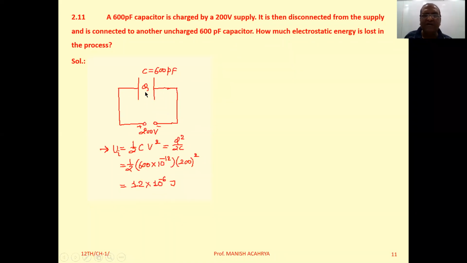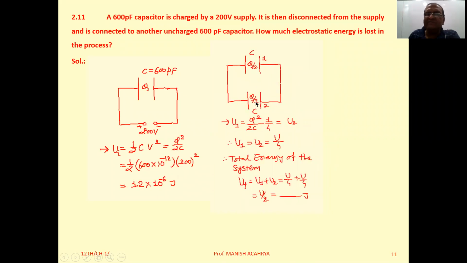Now here suppose the charge deposited on the capacitor is considered Q. Now this one is disconnected from the battery and connected with identical another capacitor, which is initially uncharged. So here equal distribution of charge will take place. So energy stored in capacitor 1, we can write U1, that is equal to square of charge upon 2C.